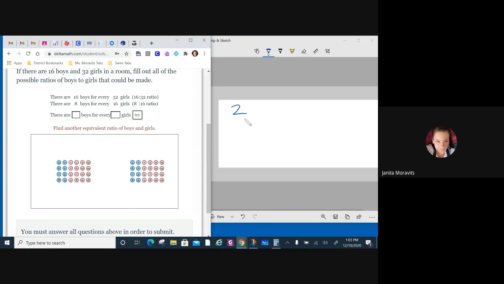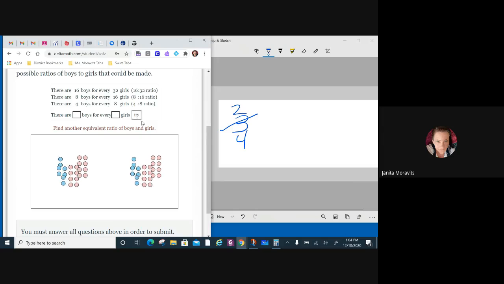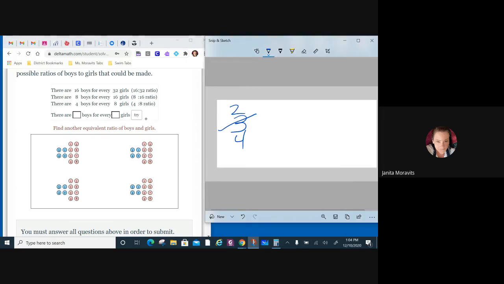That one works. All right, could we take a 3 out of those? A 3 out of 16 and a 3 out of 32? I don't think so. All right, so 3 won't work. How about 4? Well, 4 will go into 16 4 times. 4 will go into 32 8 times. All right, that worked. 5?